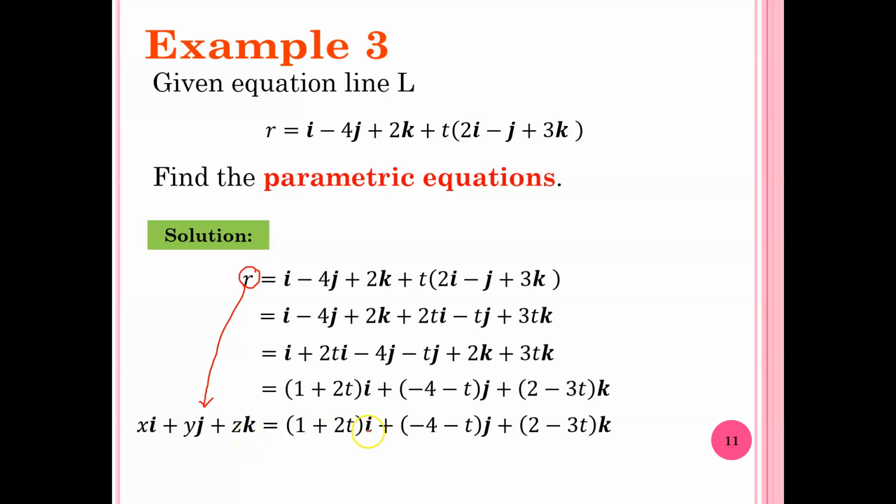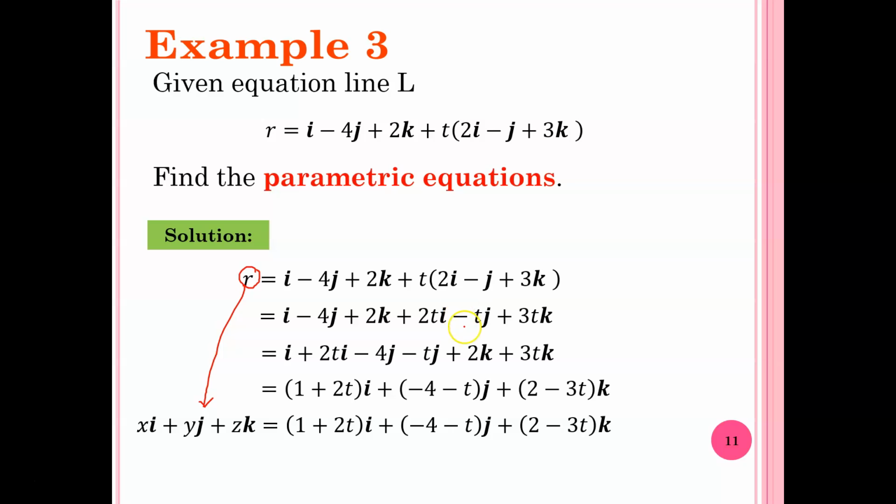And for i, if you can see, it has been factorized. For i, it is put in one bracket, for j, grouped in one bracket, and for k, grouped in one bracket. So how do we obtain this one? It's actually from what you have over here, the original one. You expand it, you open the brackets.